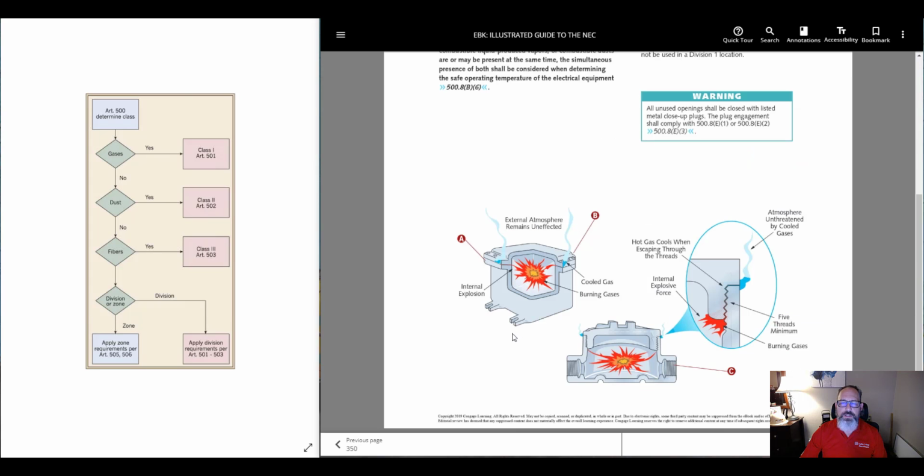When we look at the different styles of explosion-proof boxes and enclosures, we find that they're much heavier duty, almost always cast iron, and they'll either have a flat flange and bolts all the way around, or a threaded, screwed-in hub lid.